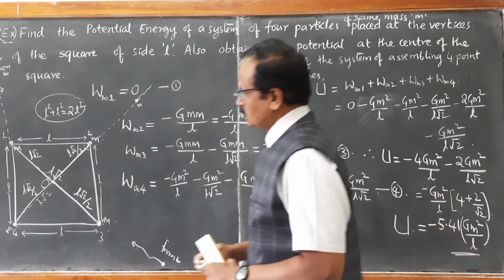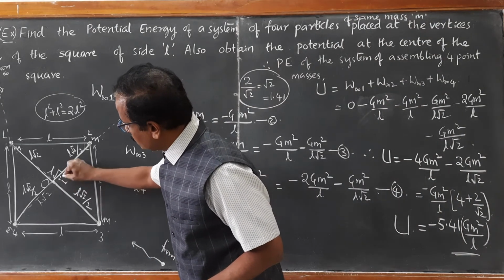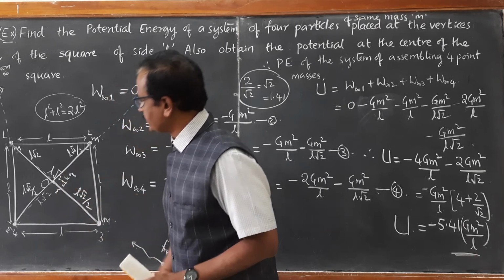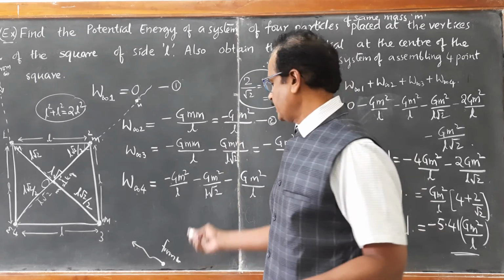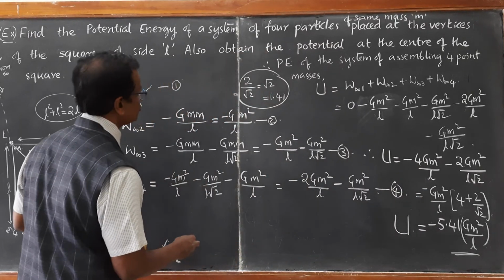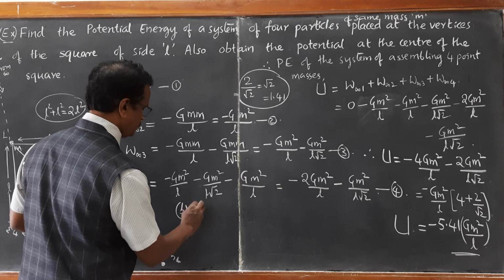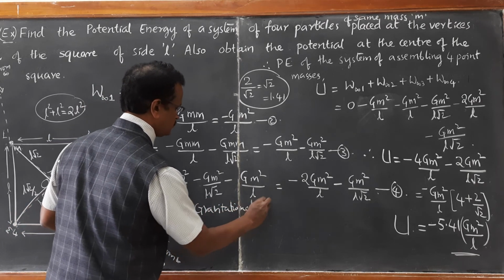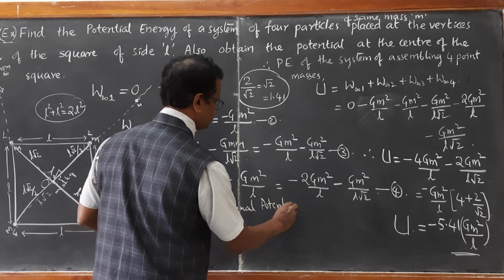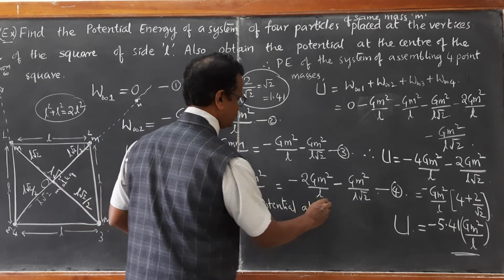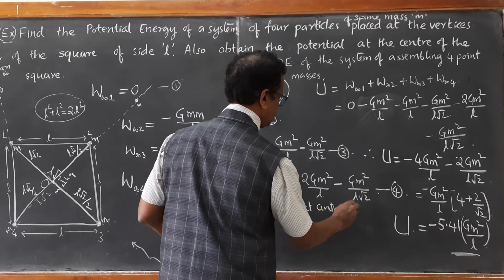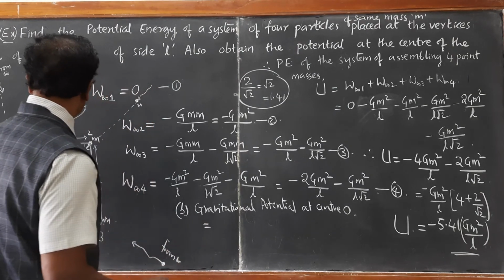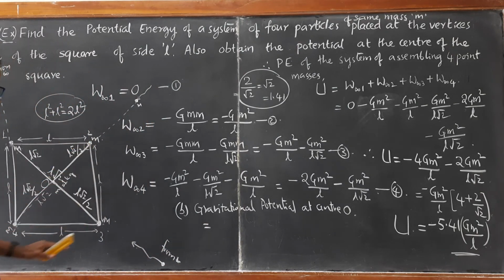Okay, let us calculate that. Assume that here you have kept 1 kg mass, M equal to 1 kg, right? Then directly we can write the gravitational potential. That is the second part. If you write it as V, the gravitational potential at the center of the square, that is O, is equal to: first, start with the 4 masses already kept here.